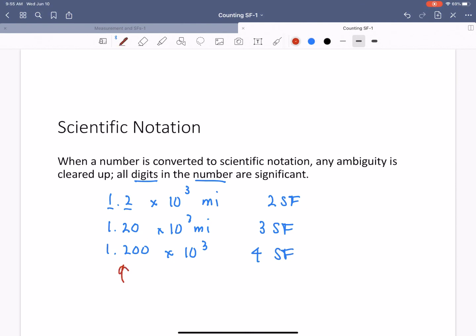So this is the number. Oops. And this is the power of 10 multiplier. And the digits are contained in the number.